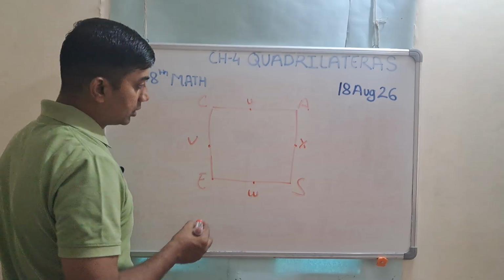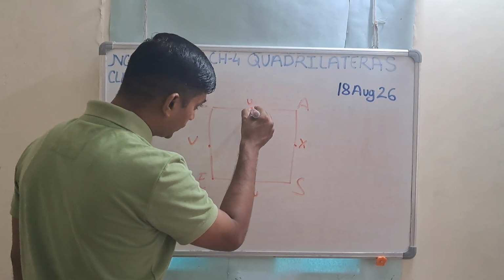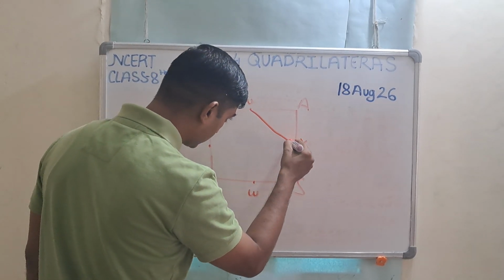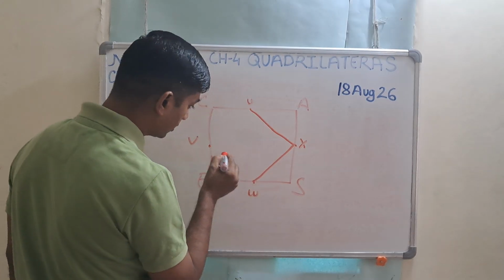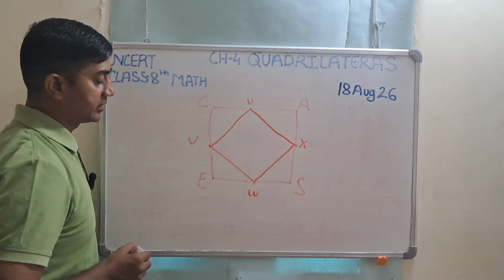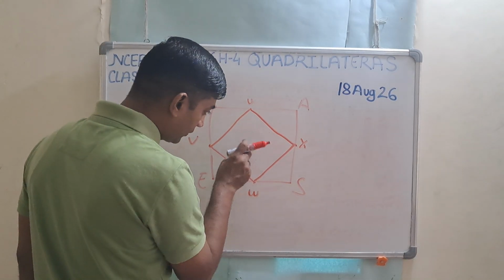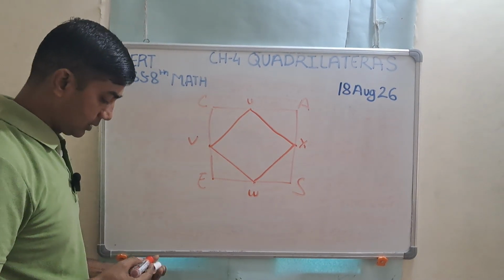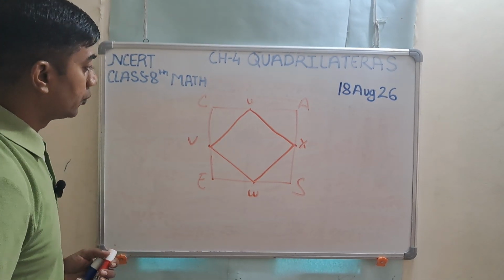The instruction given is that we have to join these midpoints. Now they are asking, what is this figure? Understood? So what is this figure?